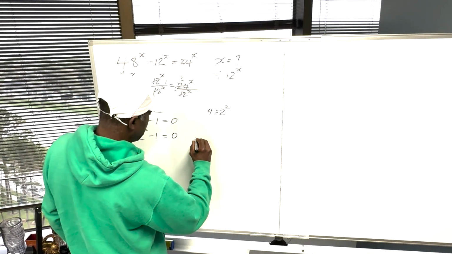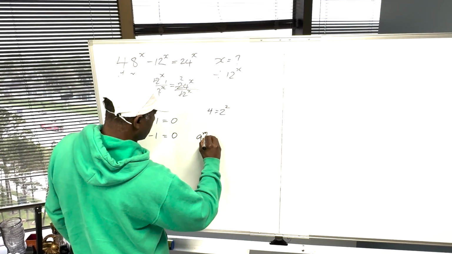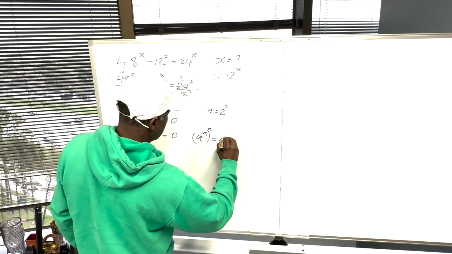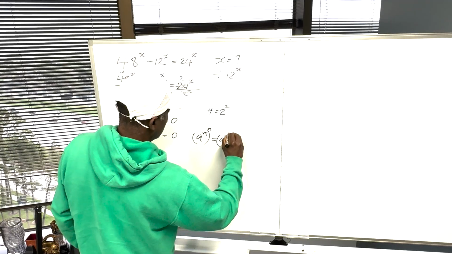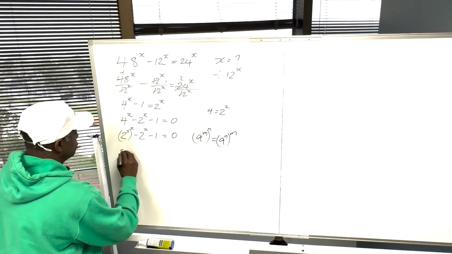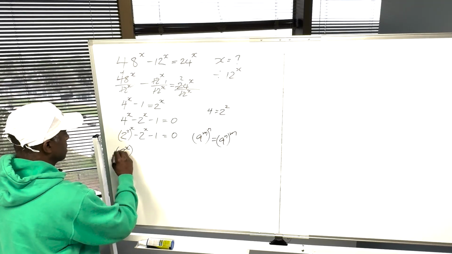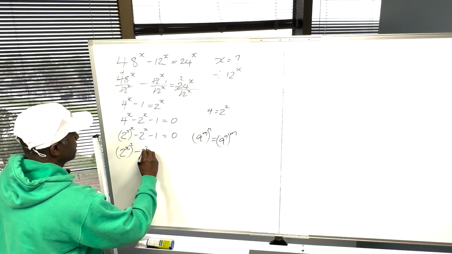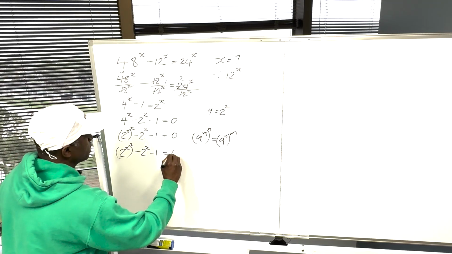Using the law of indices, a to the m to the n is equal to a to the m n. We can switch this around to 2 to the x squared minus 2 to the x minus 1 is equal to 0.